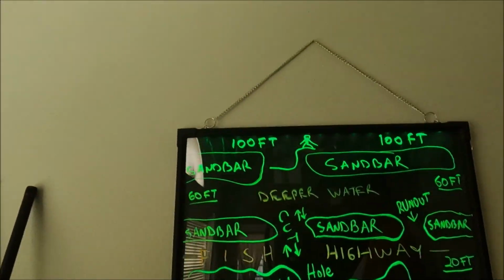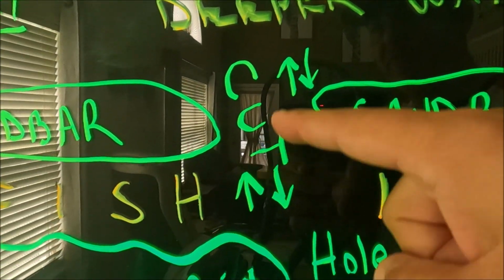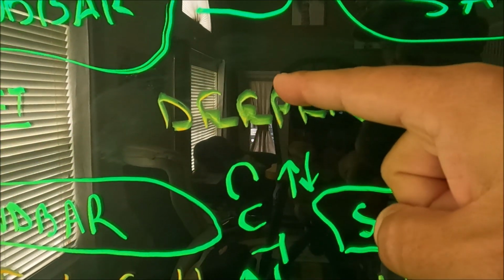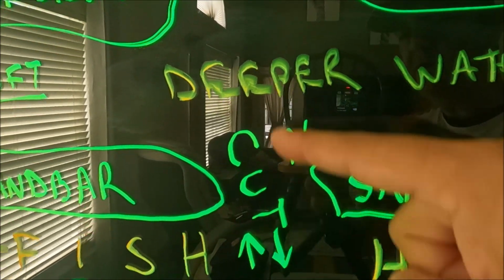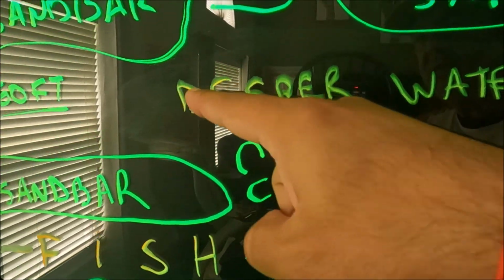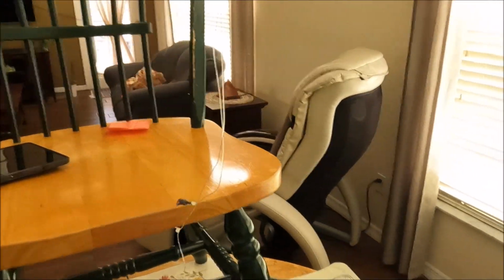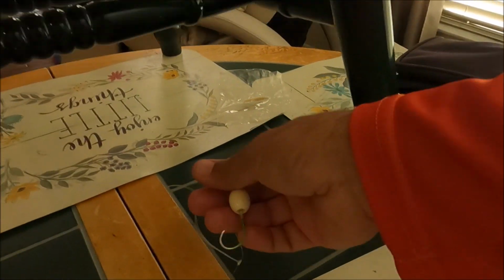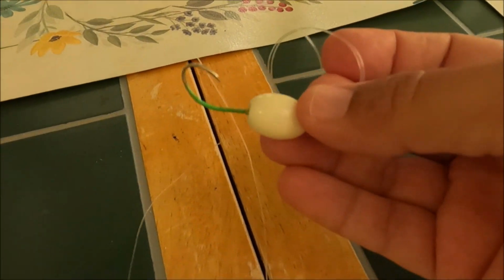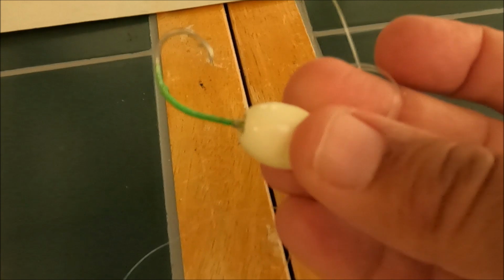And for the pompano rig, when I cast them out 30, 40, 50, 60 yards by the cut, by the deeper end, that's gonna be my pompano rig right here. This just looks like a sand flea, right?